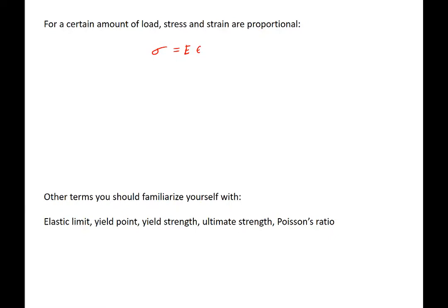We can say a similar thing for shear. So for shear stress, I can say tau, shear stress, is just equal to G times gamma. And this G is known as the shear modulus. So analogous things for normal stress and shear stress.